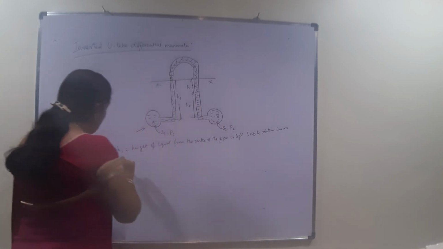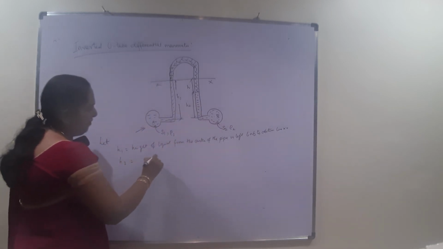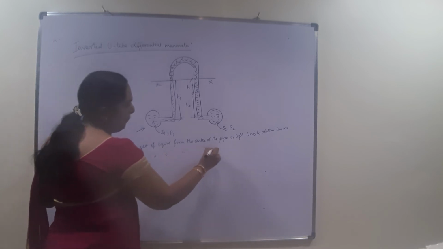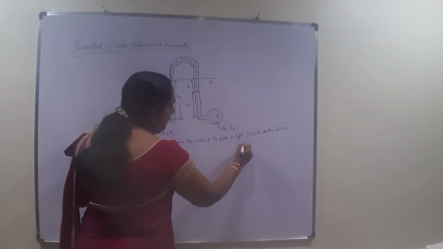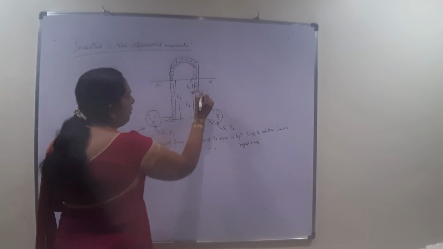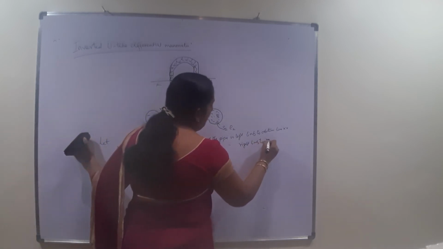Second, similarly H2 is the height of the liquid from the center of the pipe in the right limb, but it is not to the datum; here it is to the mercury level.